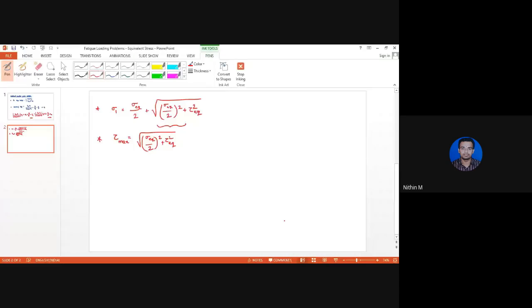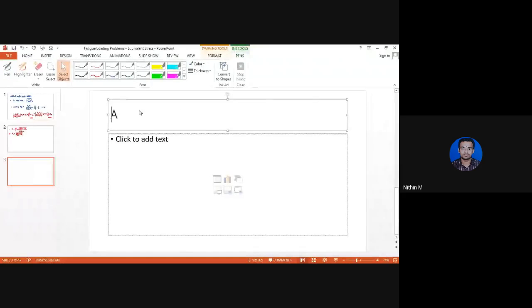Let us try to illustrate the concept by solving a problem. You take down the problem.